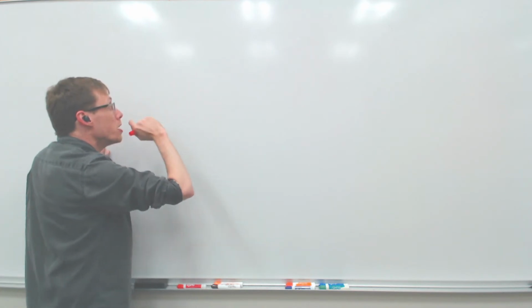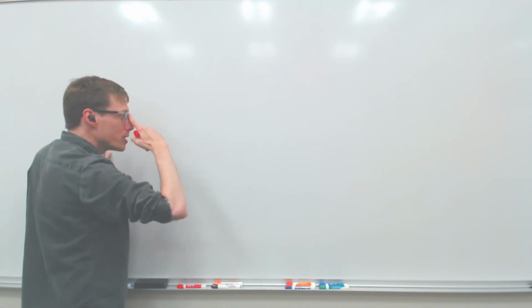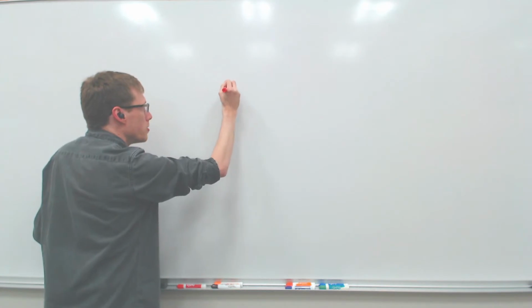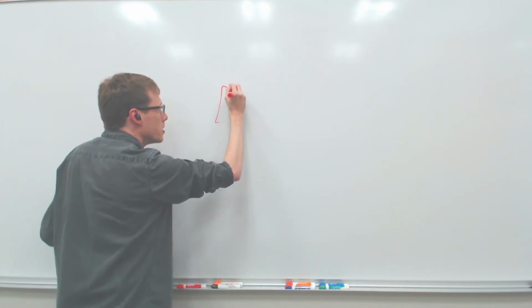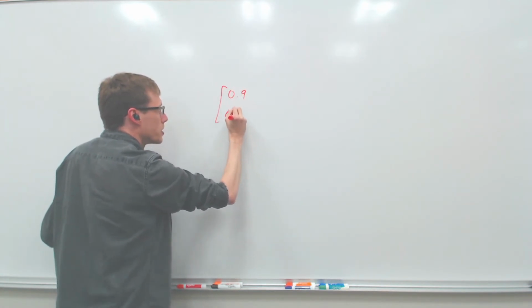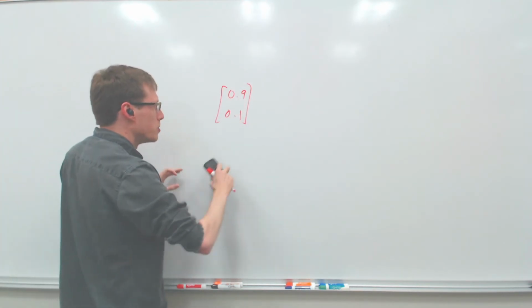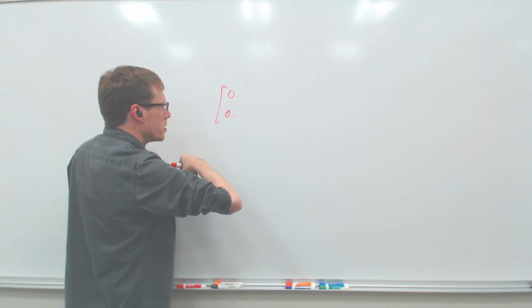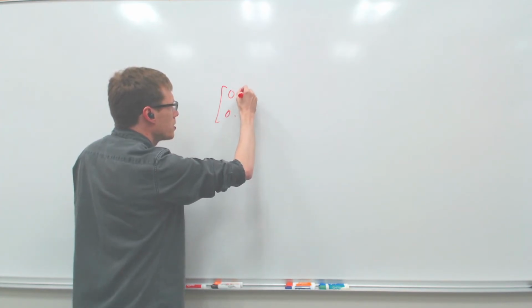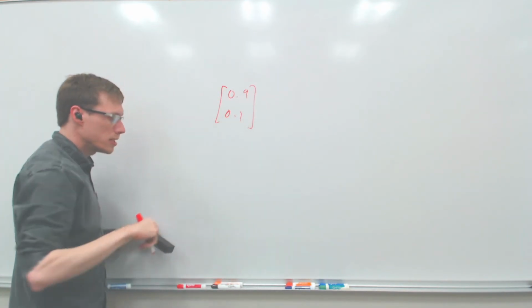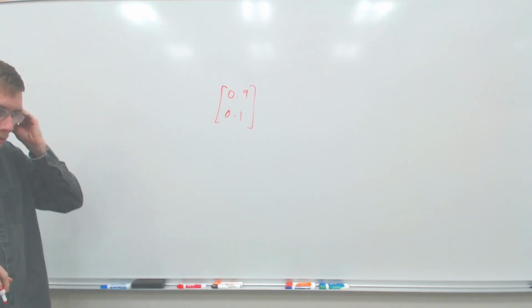Anyway, before we said, okay, the probability of, we can do something like this. Suppose that today has a 90% chance of currently being sunny. Let's say this is the current state that we're in.